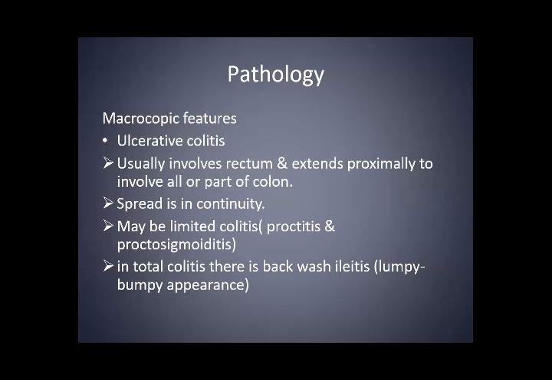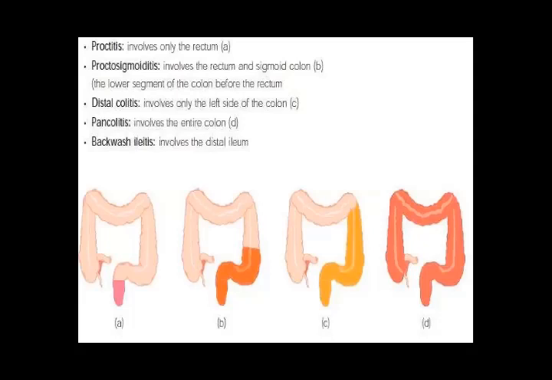Ulcerative colitis is a disease of the large gut, in which the colon is involved. You can see the anatomical area of distribution of the large gut: proctosigmoiditis, left-sided colitis, and pancolitis.